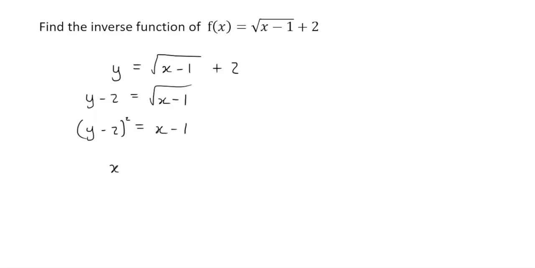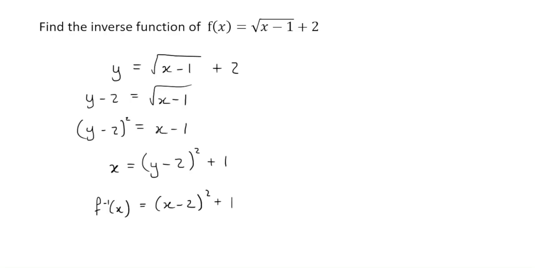And therefore, x is equal to (y minus 2) squared plus 1. And of course, the last step is to call it the inverse function. What I've got to do is replace my y with x. So this is (x minus 2) squared plus 1.